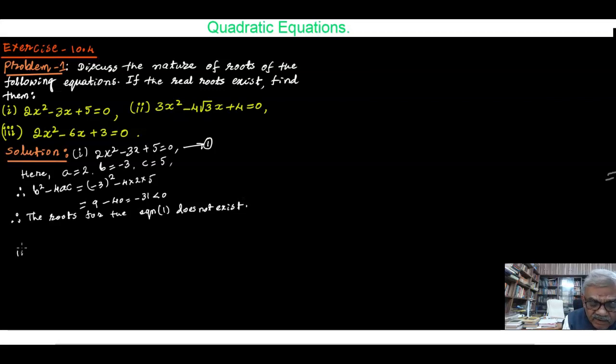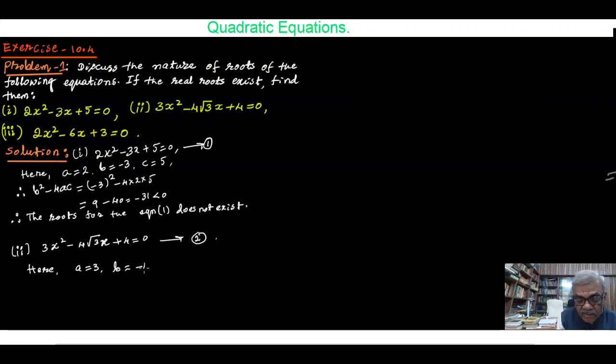Then consider the second equation, that is 3x square minus 4 root 3 x plus 4 equal to 0. Let me call this equation 2. Here also it is in the standard form. a equal to 3, b equal to minus 4 root 3, and c equal to 4.